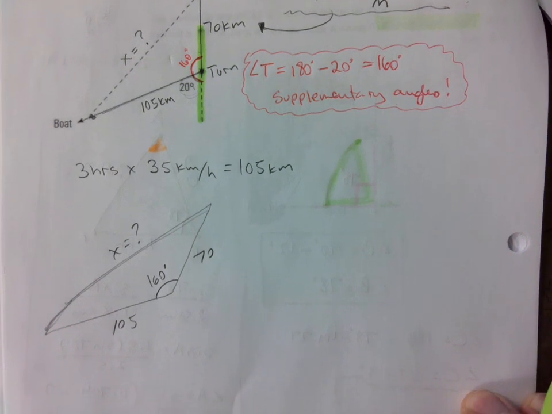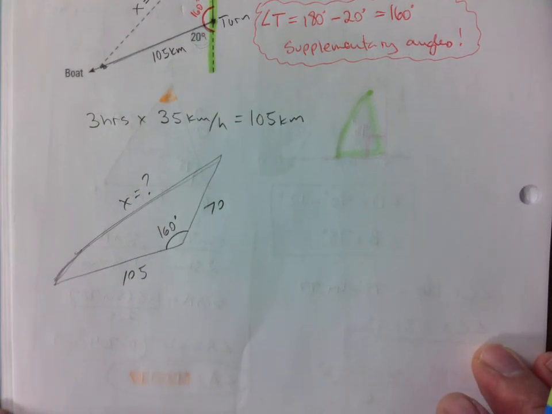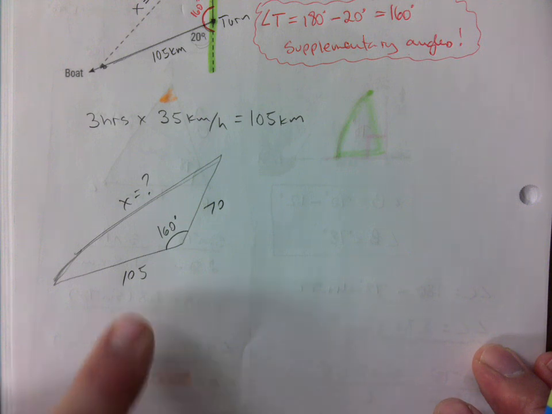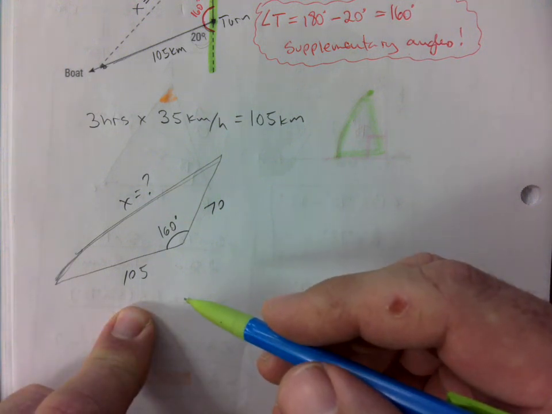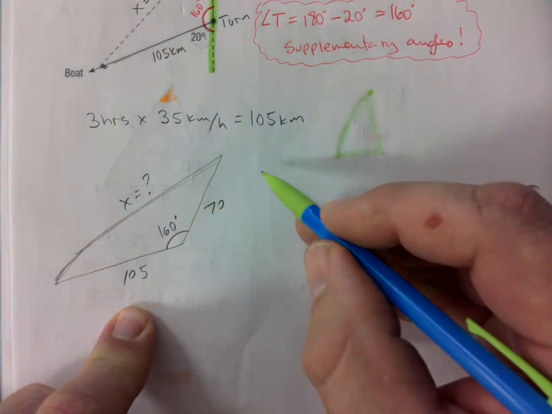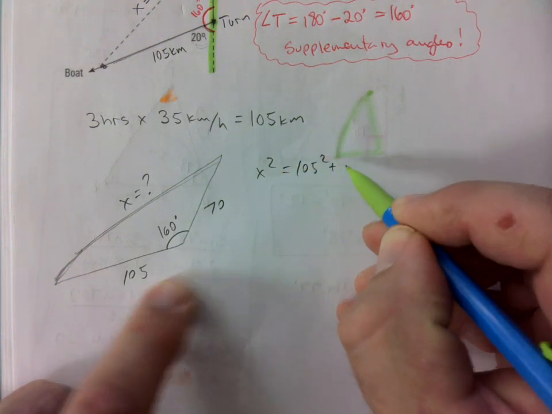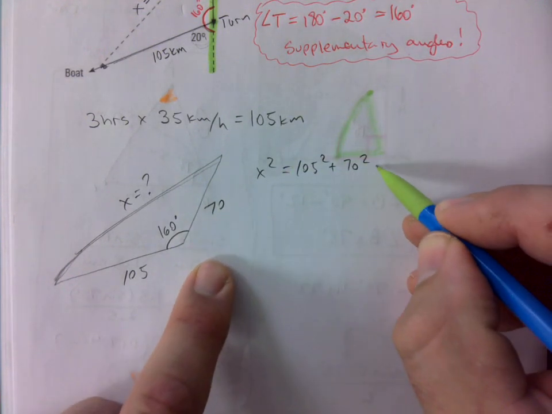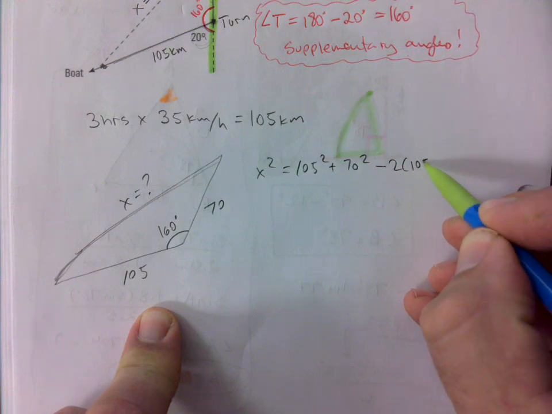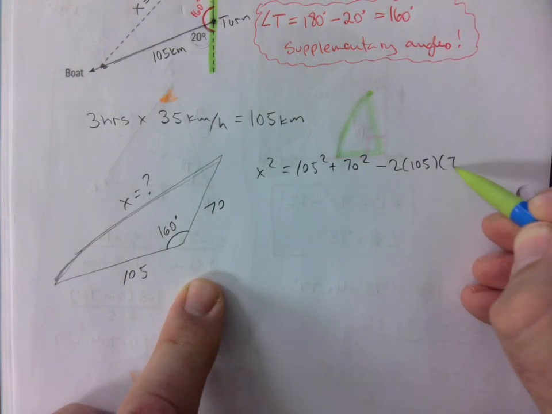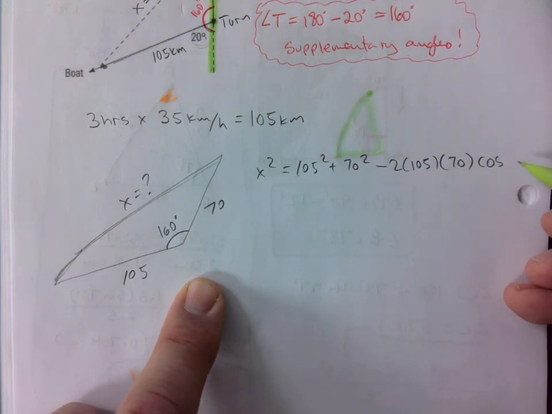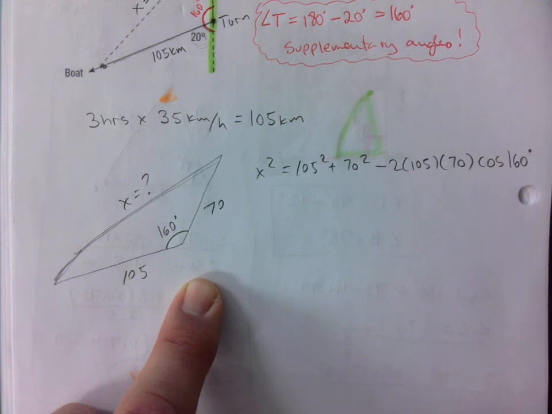What law, if any, can I use here? SAS, yeah. SAS tells me that it's cosine law, right? So x squared is equal to 105 squared plus 70 squared minus 2 times 105 times 70 times cosine of 160.